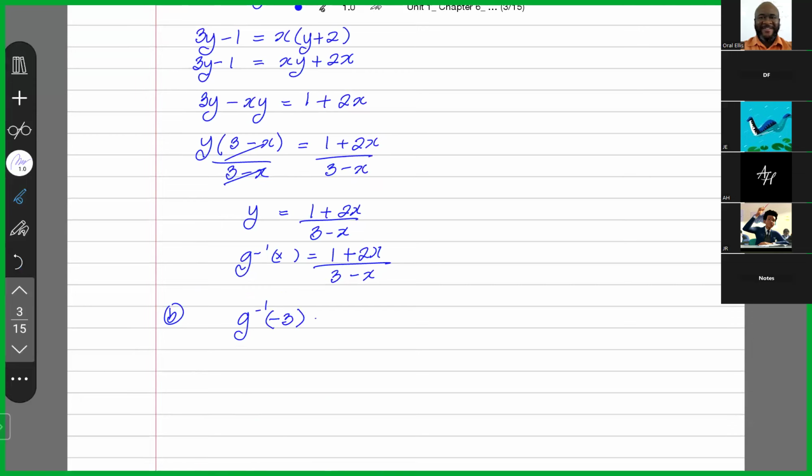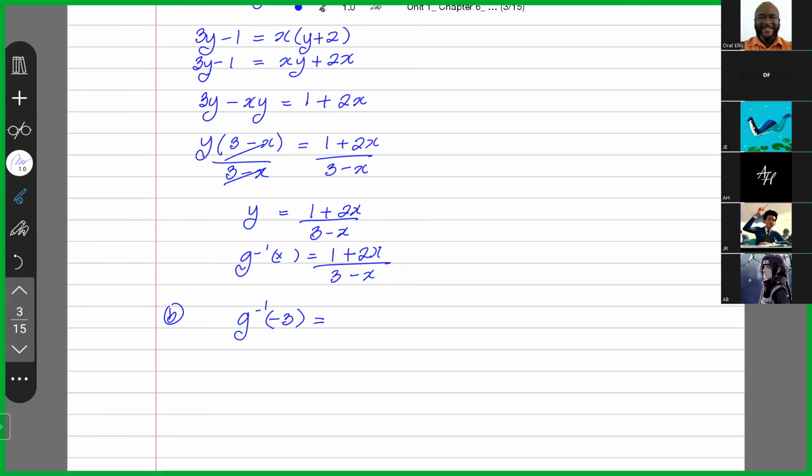Now, if you have g inverse of x and you're asked to find g inverse of minus 3, wherever you see x, you're going to replace x with minus 3.